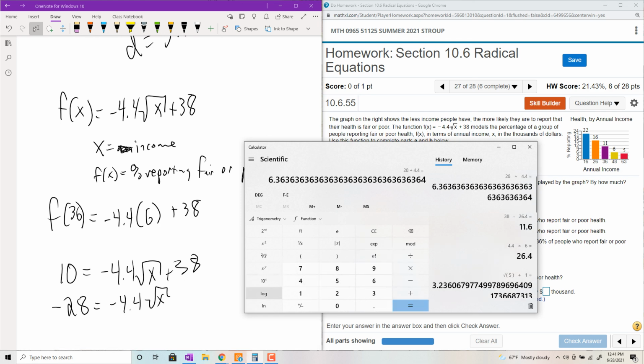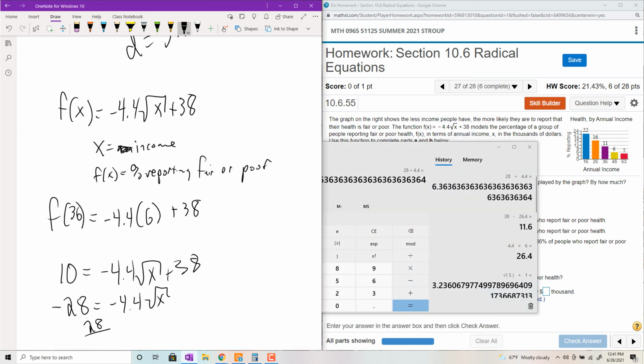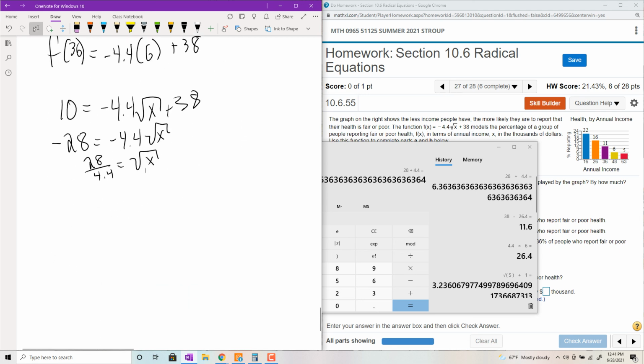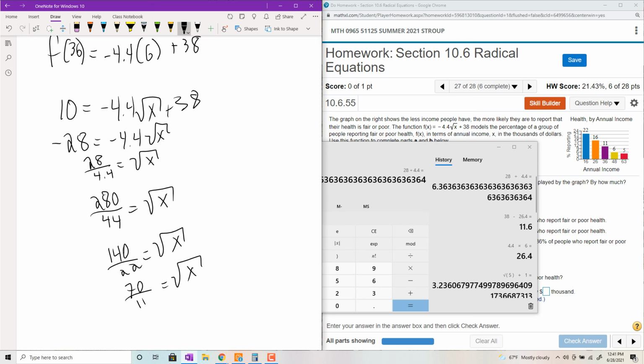I'm just going to rewrite it as a fraction. So 28 over 4.4 equals square root x. Multiply top and bottom by 10, so you get 280 over 44, just because I don't like decimals in my fractions. Then we can simplify that to 140 over 22, and again, that would be 70 over 11. And then we could square both sides.